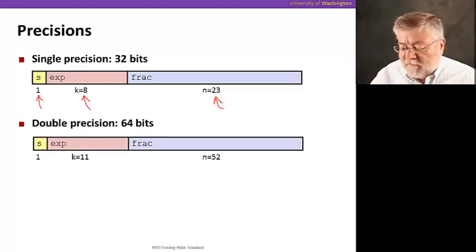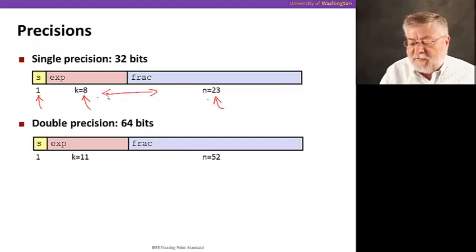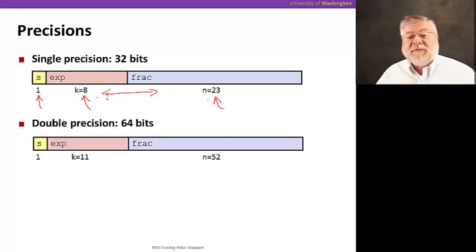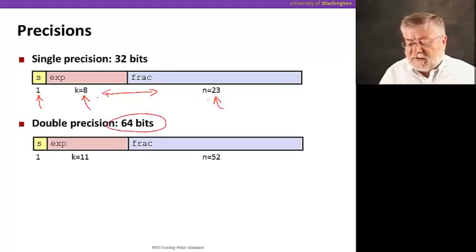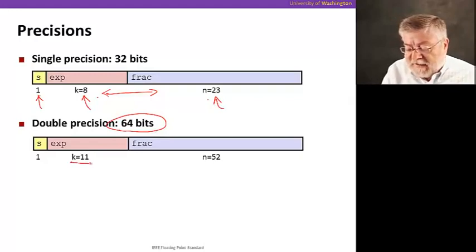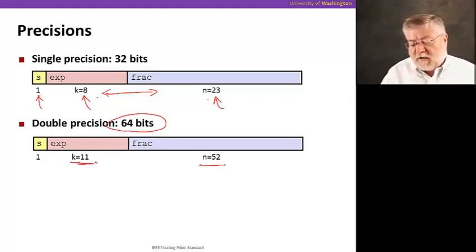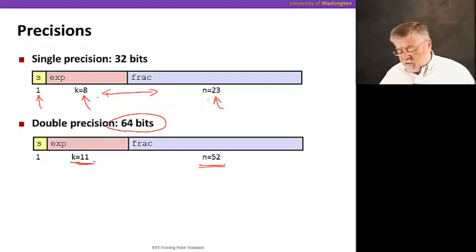So we have range and precision, and the trade-off between the two is how many bits we use for each. In IEEE floating point, there's also a 64-bit representation, for doubles, that uses 11 bits for the exponent and 52 for the fraction. So quite a bit more range, and also quite a bit more precision.